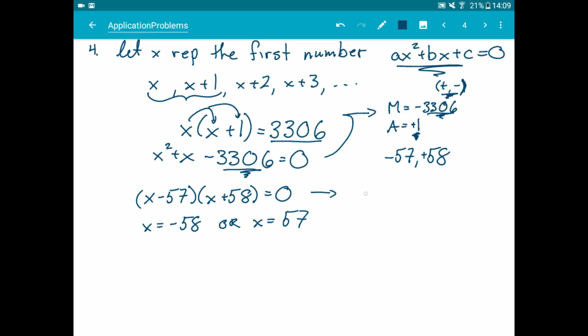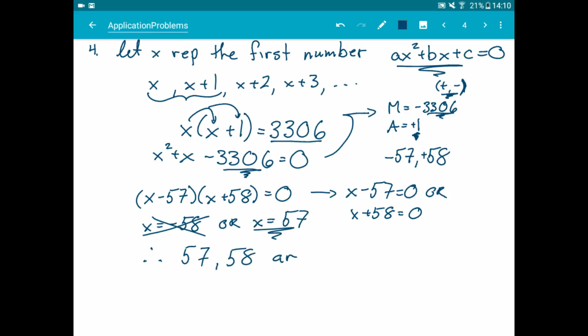That comes from doing the two factors: x minus 57 equals 0, or x plus 58 equals 0. Throw out the negative number because we're really looking for two positive numbers. It doesn't say that, but that's normally what the questions imply. So the first number is going to be 57. The second number will be 58 because we're looking for two numbers that are consecutive. So 57 and 58 are the two numbers.